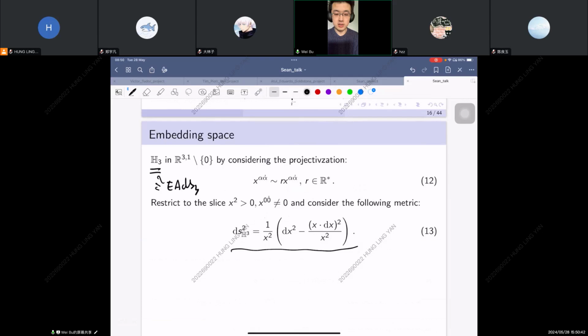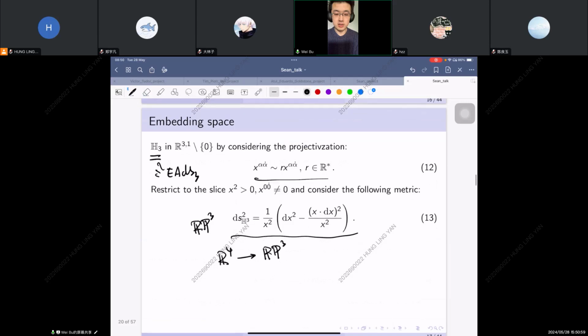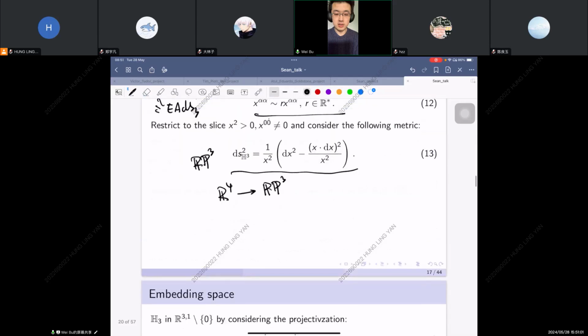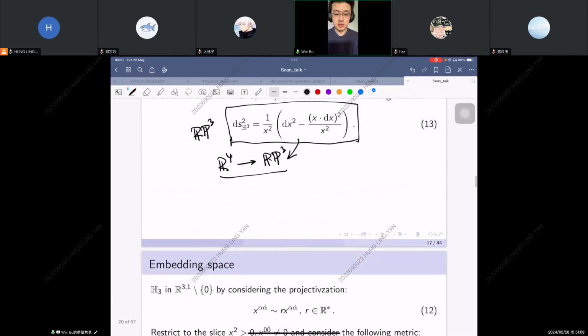You see it doesn't scale with x, it has homogeneous weight 0 in x. Now x is a homogeneous coordinate as well. It's actually RP3 now, because you started with R4, you took away the scaling, and you get a projective space, RP3. That's the scaling. And in terms of the metric, you can put this particular metric on RP3 and it gives you Euclidean AdS3, or H3.